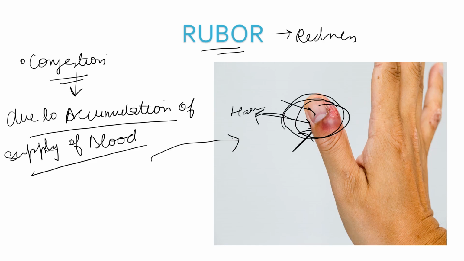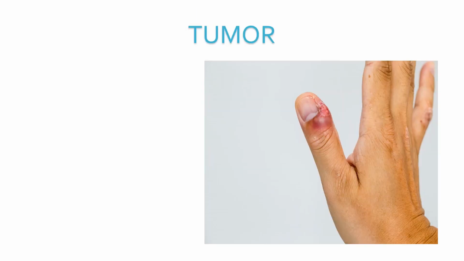So the next cardinal sign of inflammation is the tumor. What does tumor mean? Tumor just means any swelling. Any swelling in the body is known as tumor. Tumor can be understood in this simple example.